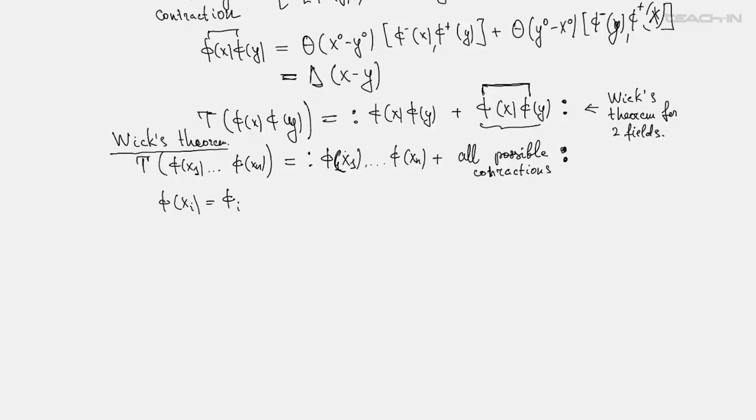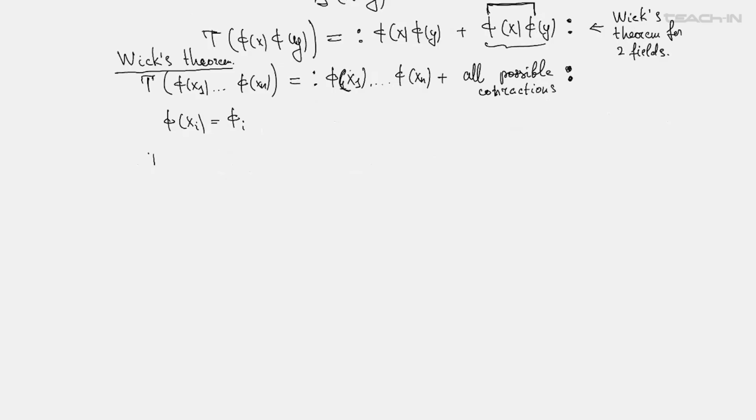So for four fields, phi 1, phi 2, phi 3 and phi 4, the theorem says that the T-ordered product of these fields is the normal ordered product without contractions. This is the first term. Then there will be terms with just one contraction, and there will be six such terms.